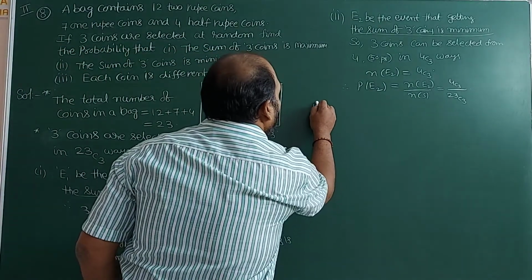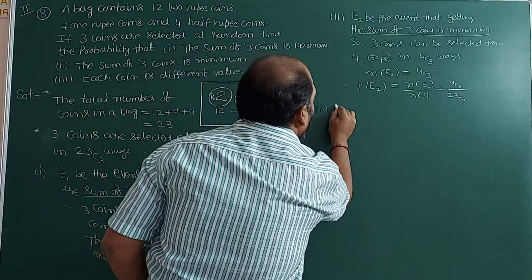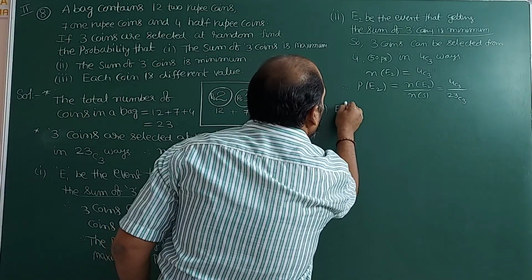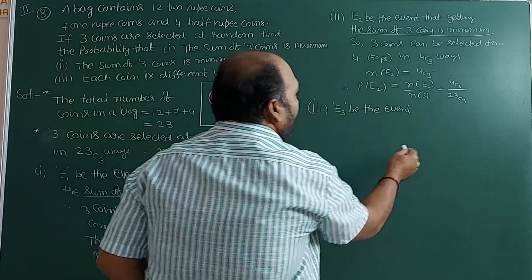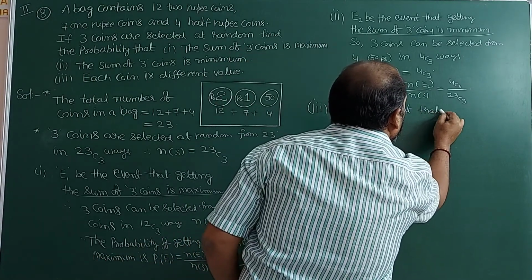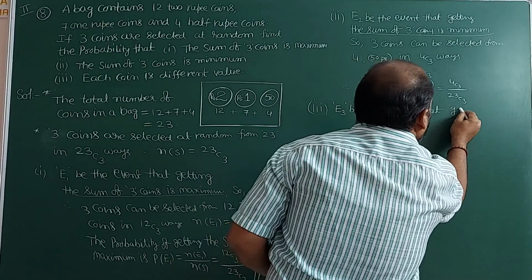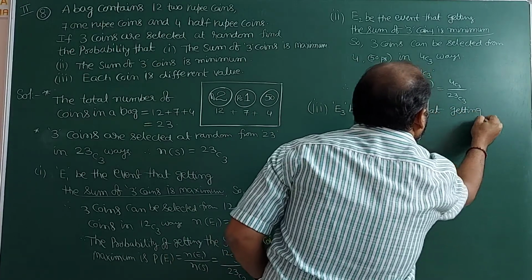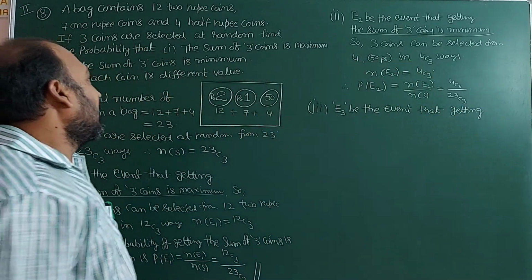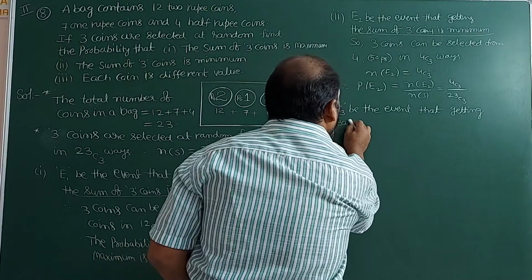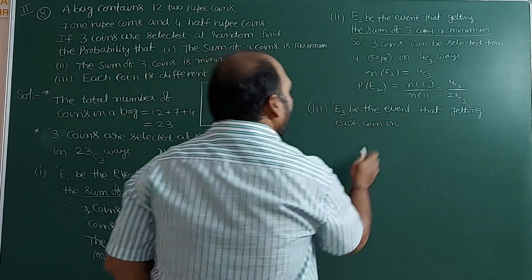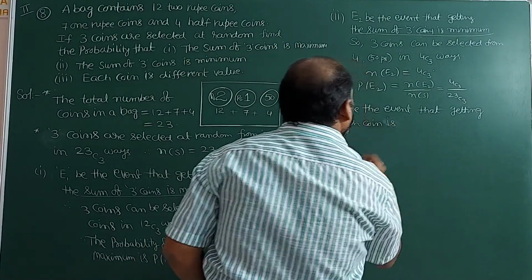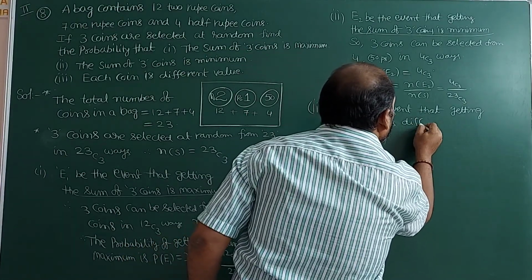So Roman 3: E3 be the event that getting each coin is of different value.